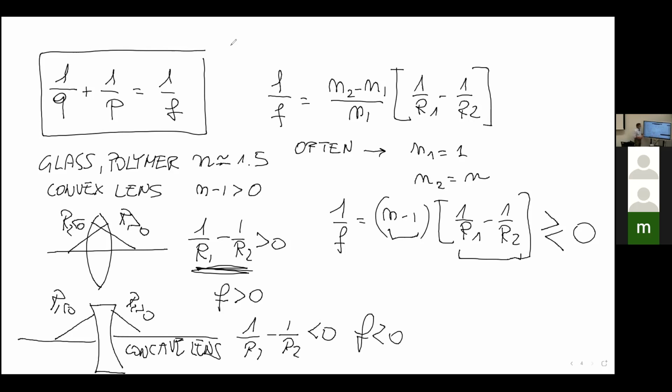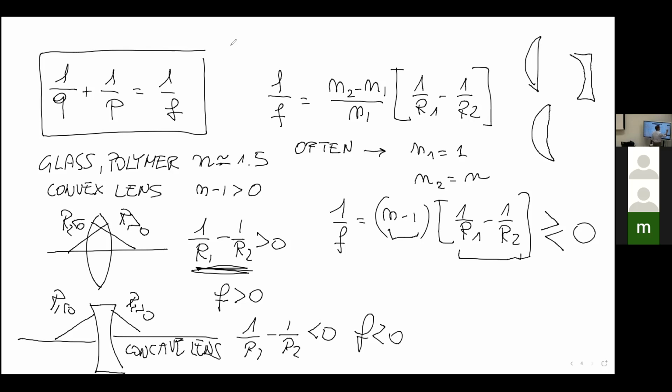Okay? But you could also have combinations of radius of curvature. You can have lenses like this, plano-convex. You can have lenses like this, plano-concave. You can have lenses in which the radius of curvature of the second diopter is larger than the radius of curvature of the first diopter.